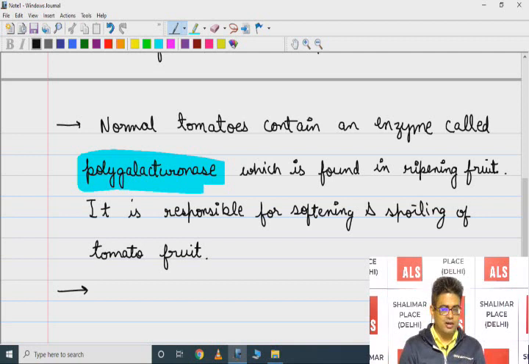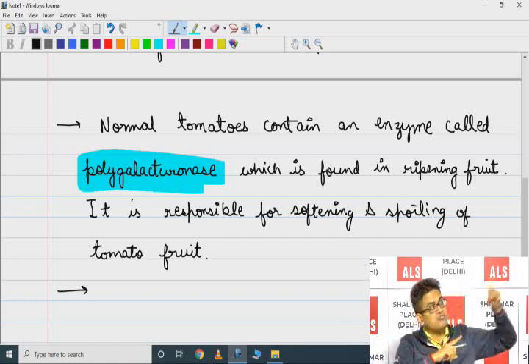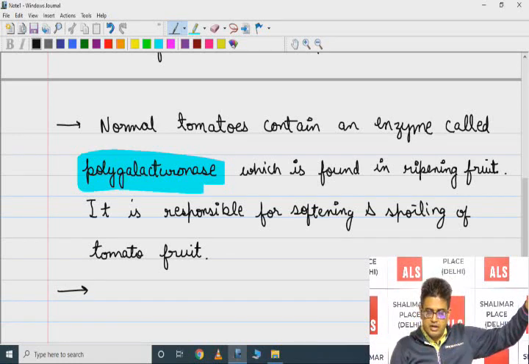When I taught you RNA, after that I taught you translation. Try to remember the protein translation process. Polygalacturonase is an enzyme. If it is an enzyme, then that means it is a protein. If it is a protein, then it must have been made by some messenger RNA. This messenger RNA is coming from some DNA, right?